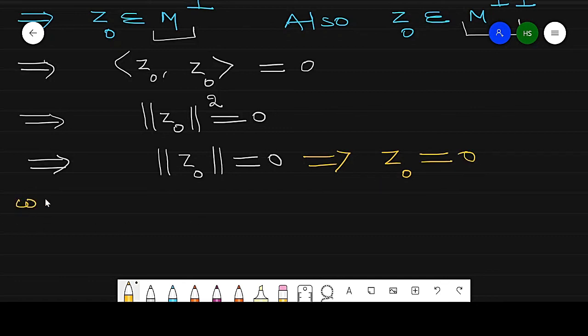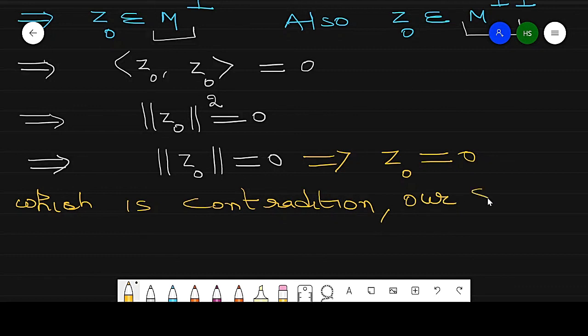Which is a contradiction. Why a contradiction? Because z0 is non-zero. Hence our supposition is wrong.